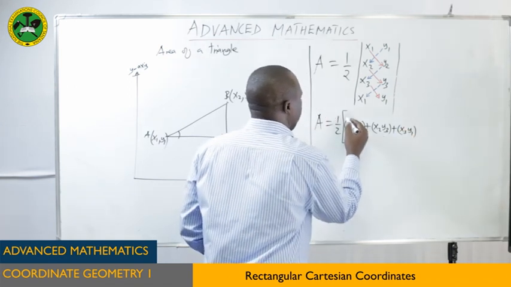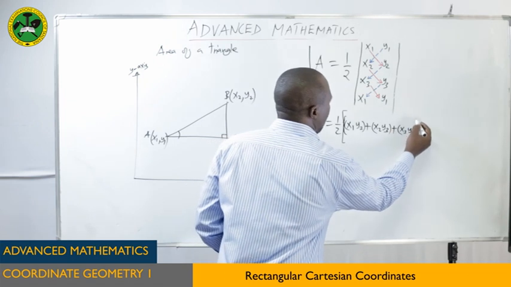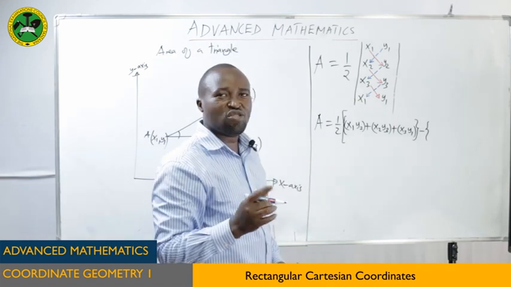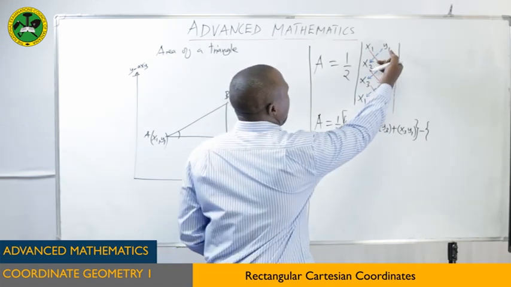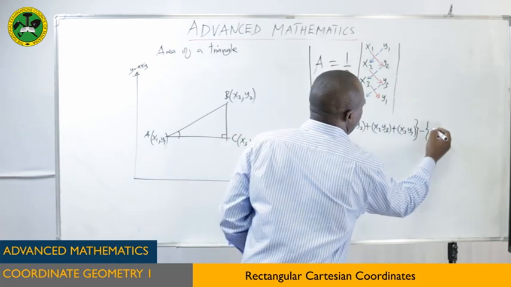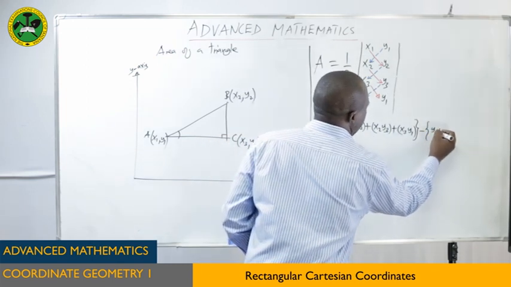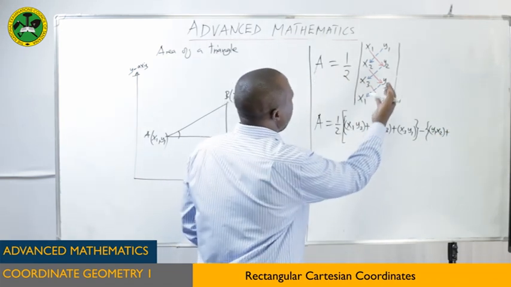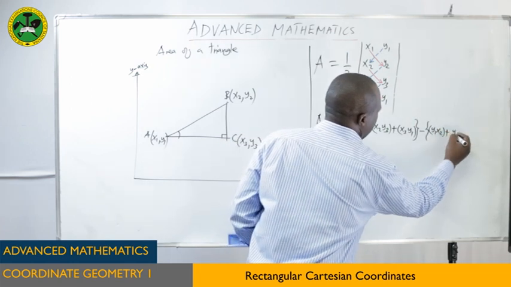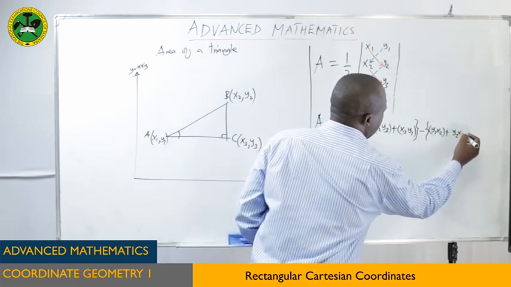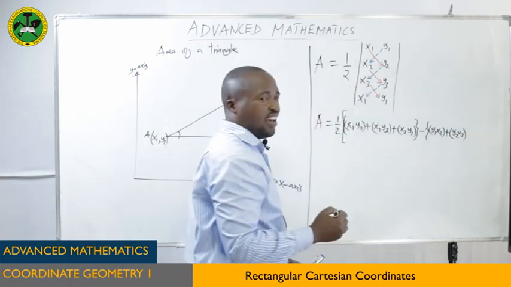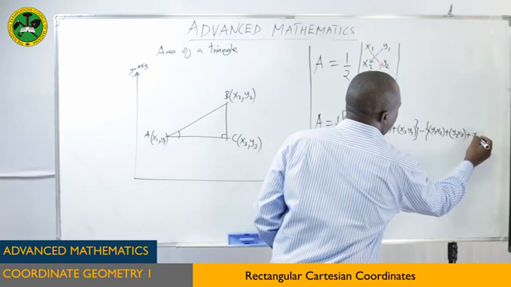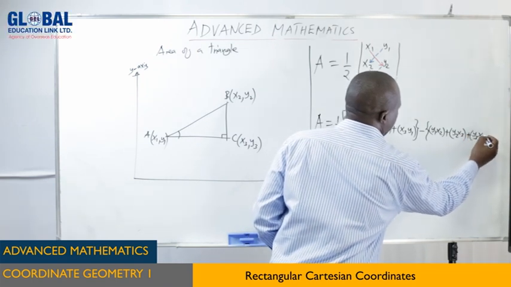Then we minus the dotted arrow. That is y1 times x2, plus y2 x3, and the last one is y3 x1.